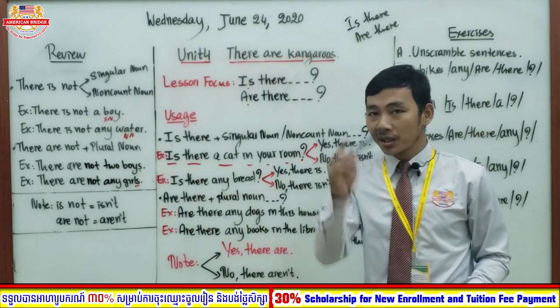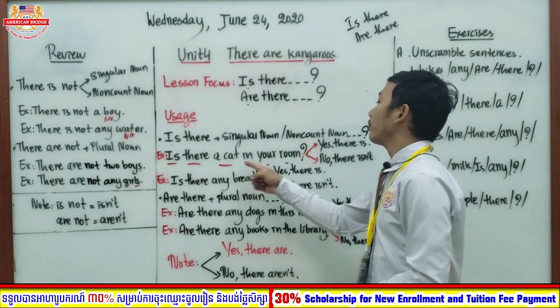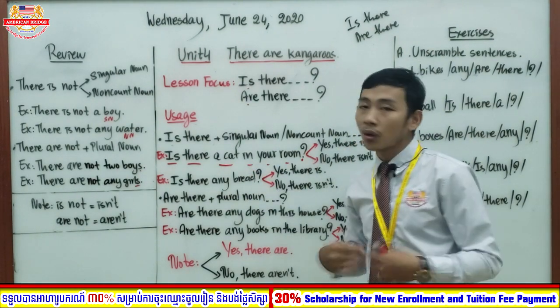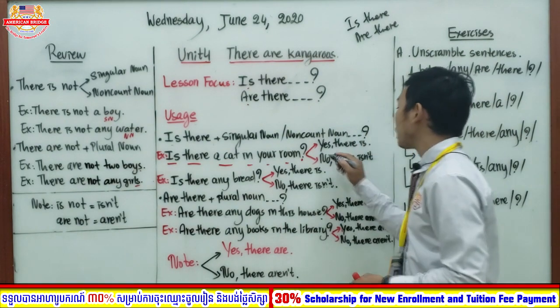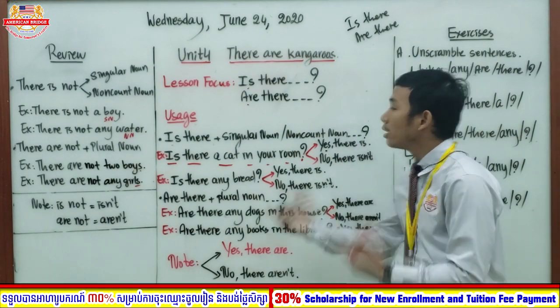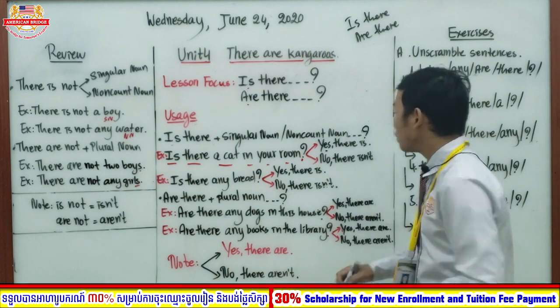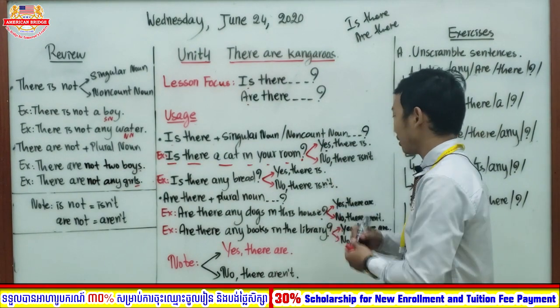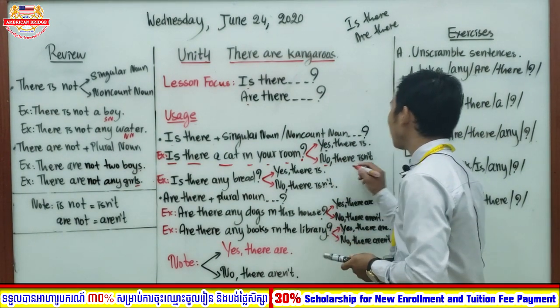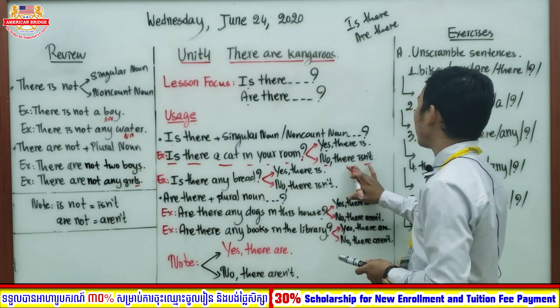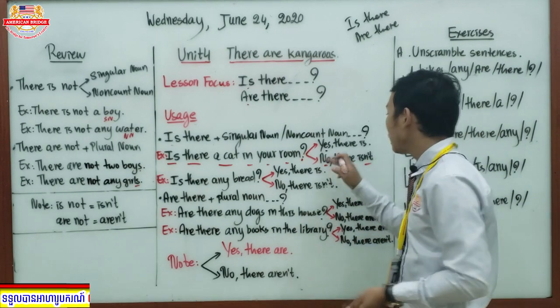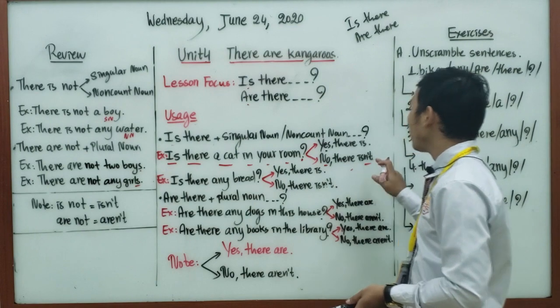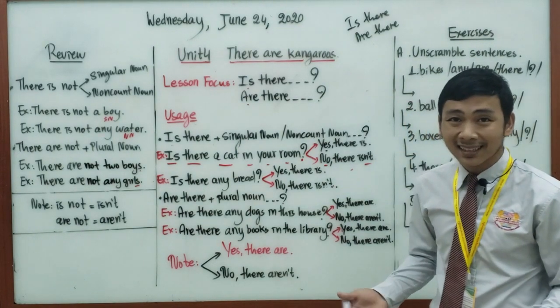The answer must be yes or no. If there is a cat in the room, the answer must be yes, right? Yes, there is. But if there is not a cat in the room, what must the answer be? No, there isn't. The difference: yes, there is. No, there isn't. Understand?